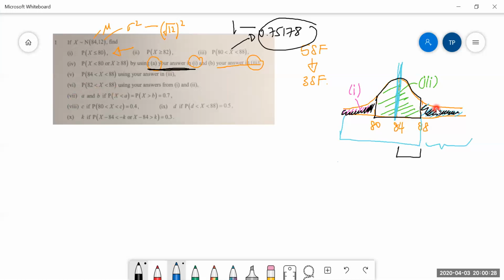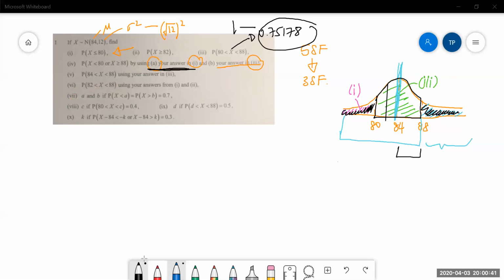How are we going to find it? 82 to 88. So where's 82? 82 is somewhere here. So what we want now is this part.